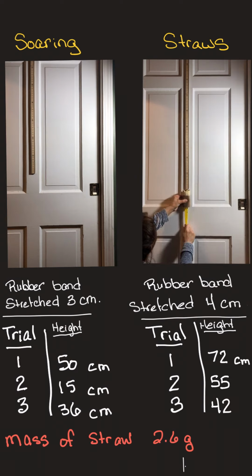I pulled down on the straw, measuring 4 centimeters, and released. In my first trial, the straw went up to 72 centimeters. In the second trial, my straw rose to 55 centimeters. And in my third trial, the straw rose to 42 centimeters.